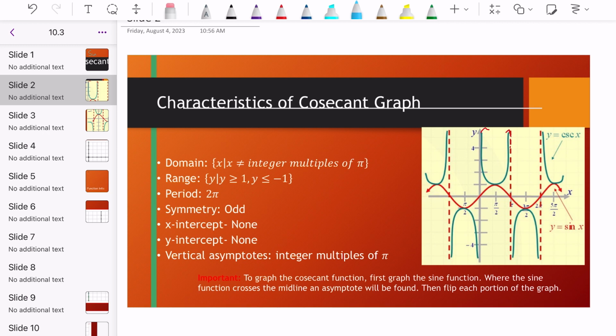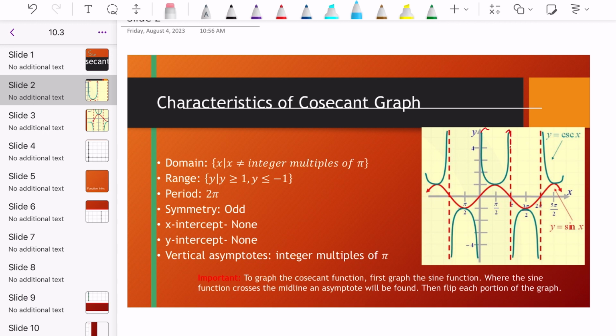For the range, we are going to be looking at y being greater than or equal to 1, or y being less than or equal to negative 1. This is extremely important because remember, we are taking a look at the inverses. We are not taking a look at the actual sine or cosine function.